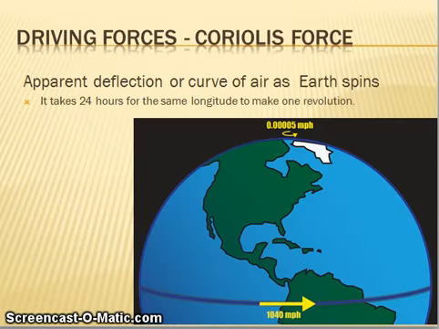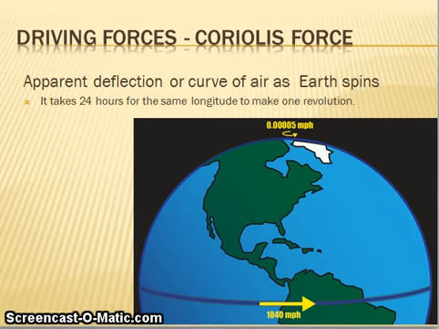The third driving force is the Coriolis effect, and this is due to the spin of the Earth. The equator moves faster than the poles because both of them have to make one revolution in 24 hours. So there are a couple of links and really nice videos that show this.